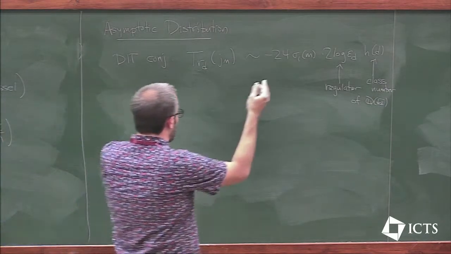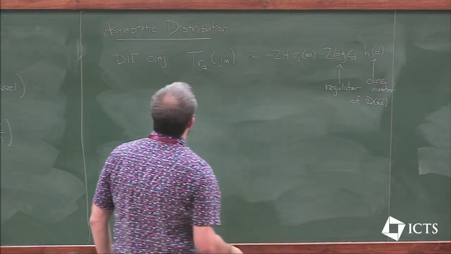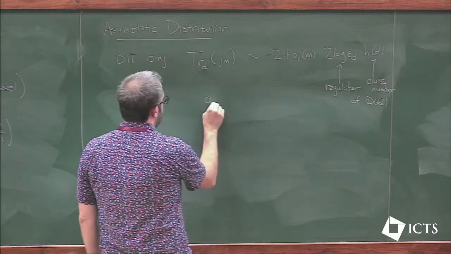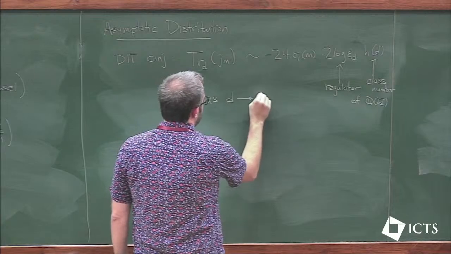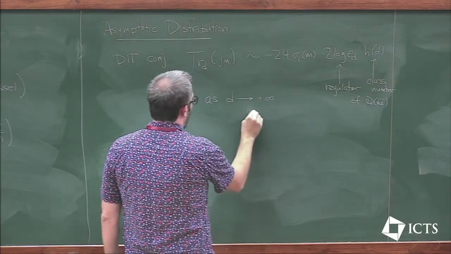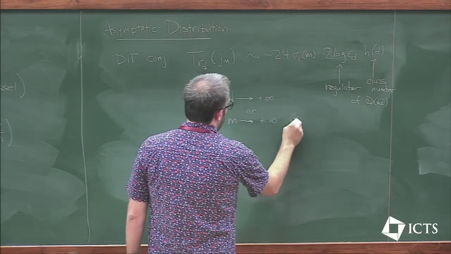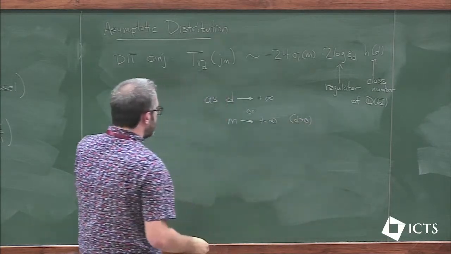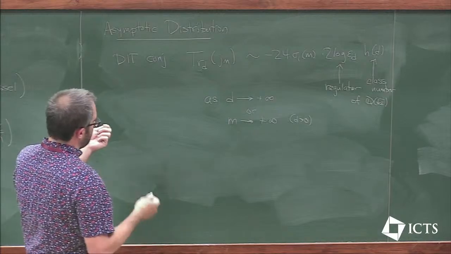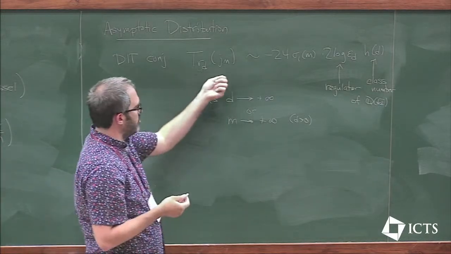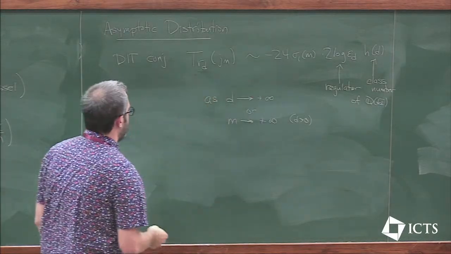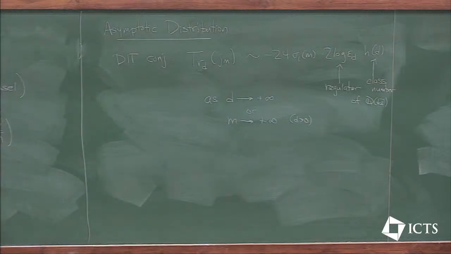And this 24 seems to also pop out in the same thing. So this should be as d goes to plus infinity, or as m goes to plus infinity. And here we should have d positive if we do that. So you should be able to take either one of these variables to infinity, and you should get the same asymptotic behavior.